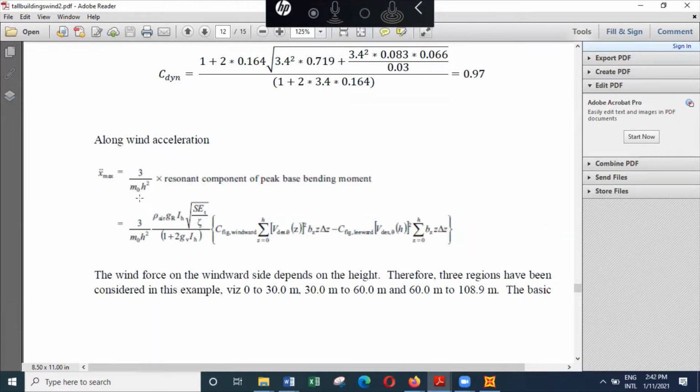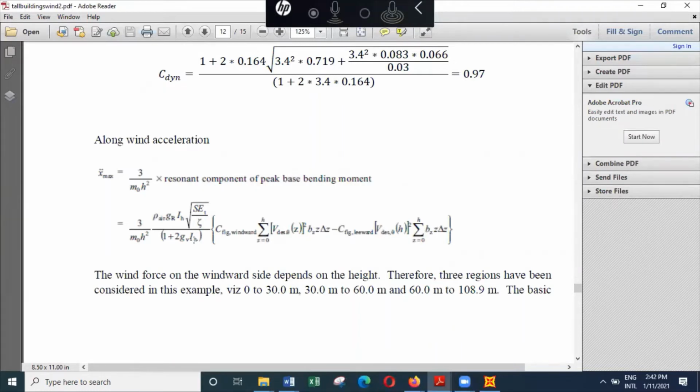And so we'll see how to calculate this particular component, because all these other values can be easily determined now that we know the method. But when you are calculating this acceleration, I told you earlier that we use different wind speeds, because we don't have to determine the acceleration when the peak wind speeds are acting.